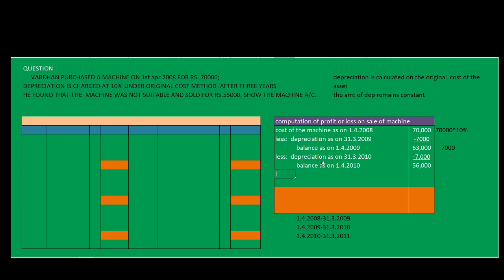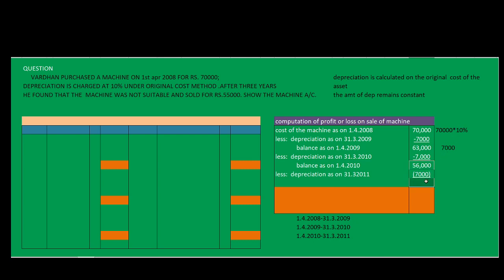Next one is the third year. Calculate depreciation as on 31st March 2011. 2010 to 11 is one financial year. Again, the amount remains the same, 7,000.